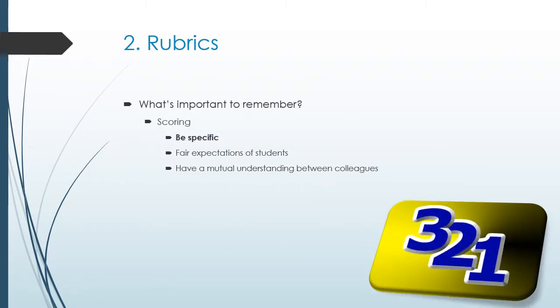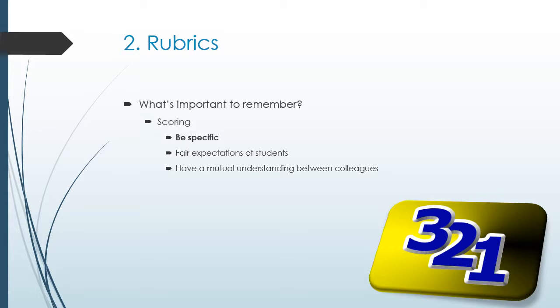The one thing that stood out to me while we went over rubrics in class was the scoring and how important it is to be specific in how you write out your rubric, because if you're not specific enough, you're not going to be able to grade the students fairly. Also, having fair expectations of the students.